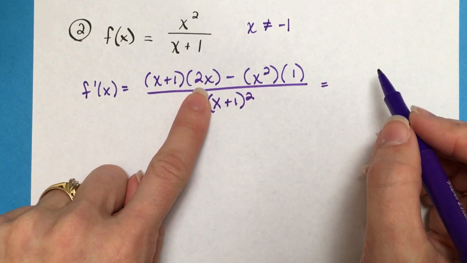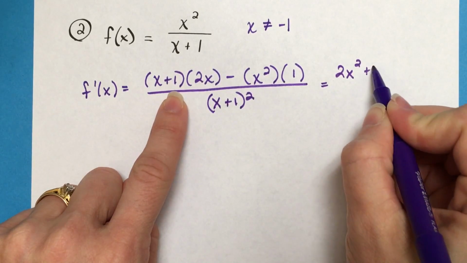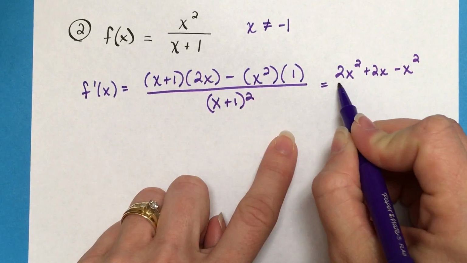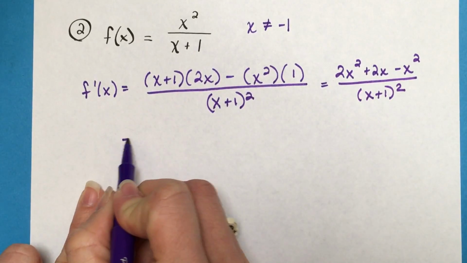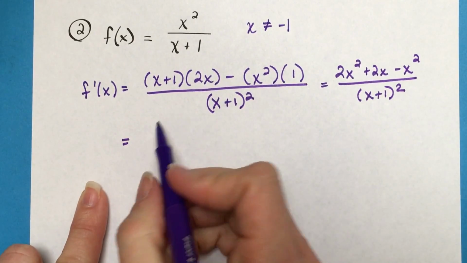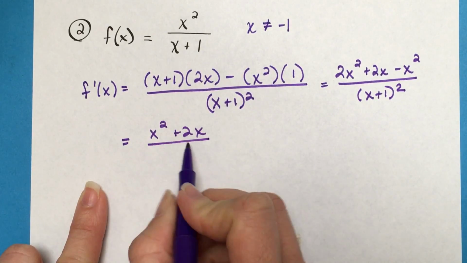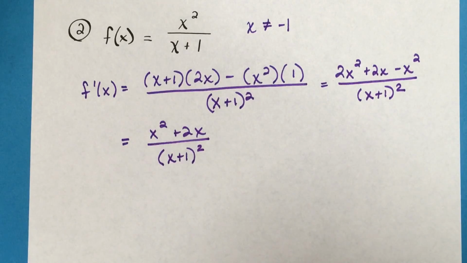All right, so if you distribute your 2x, then you're going to have 2x squared plus 2x, and then this would be minus x squared. So combining your like terms, you'll have 1x squared plus 2x for your numerator. Now you can factor out an x on the top, and you could go ahead and do a step of doing that. I'm just going to wait and deal with it on my next step.